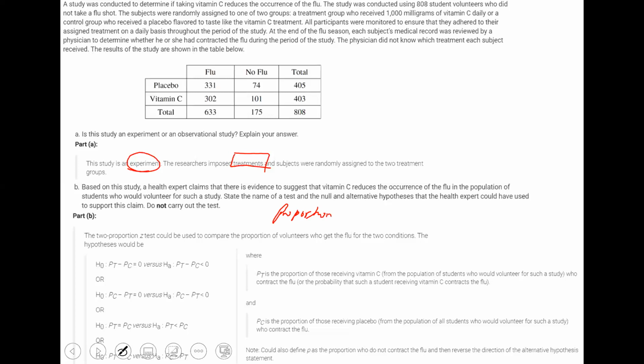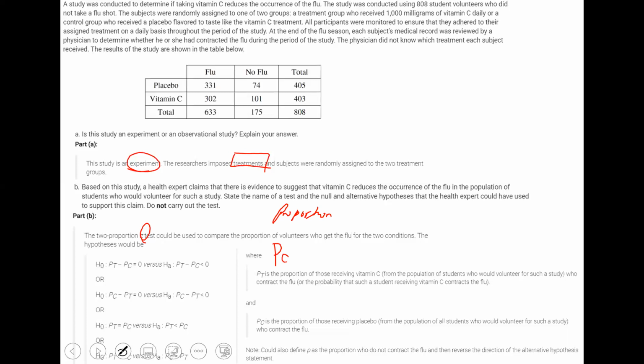And then it is a z-test, right? Because of proportion, we always do a z-test, and there is no such thing as a two proportion t-test, okay? So you need to match them well. And for the hypotheses, if you didn't make it very clear, for example, I think sometimes they assume that if you write something like P of C for vitamin C, if you made it clear, then sometimes you don't have to define what P of C refers to.